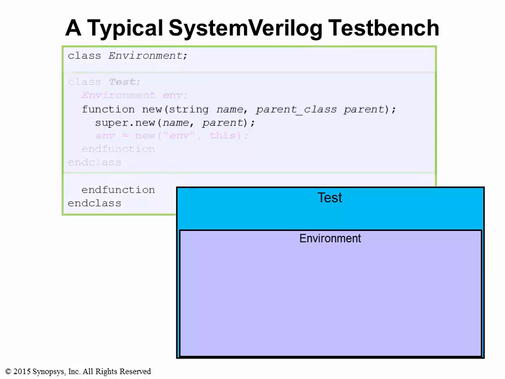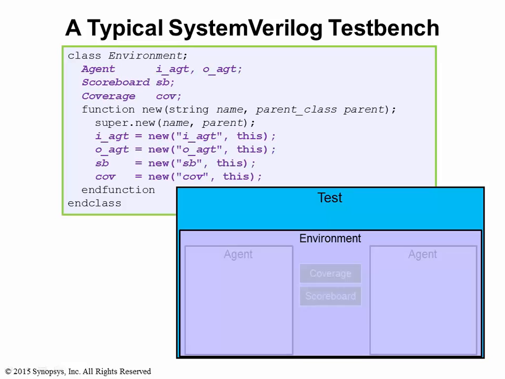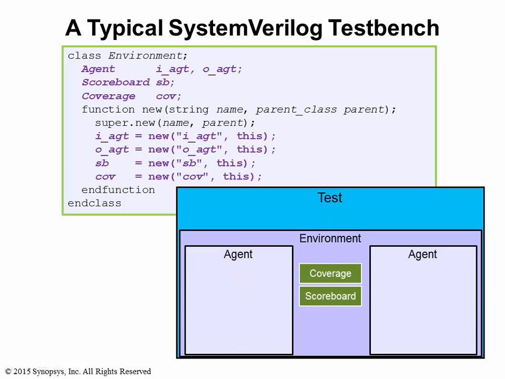If we look at the environment class, it will then construct its own children components and assign a unique identity to each. Within the environment, each agent is responsible for interacting with one interface of the device under test. The scoreboard and coverage will take care of verifying the correctness of the device under test output and capturing the result of coverage.